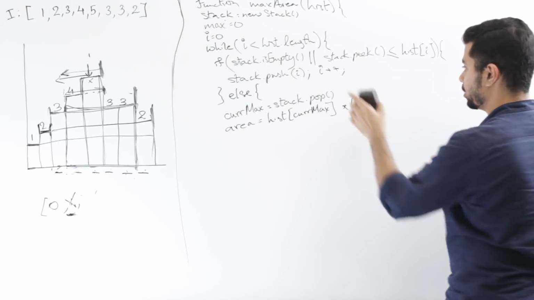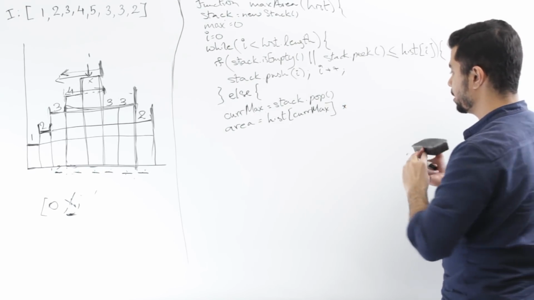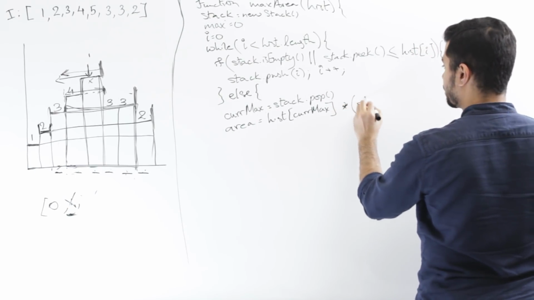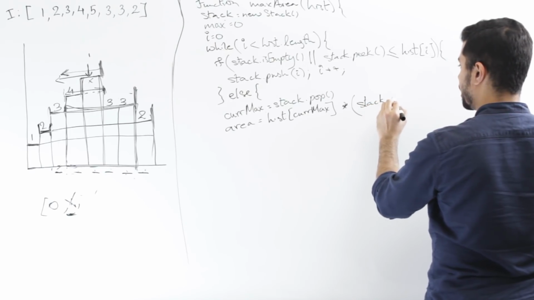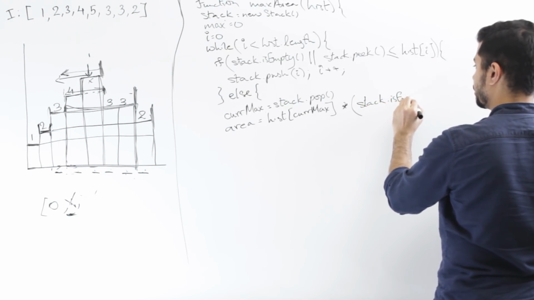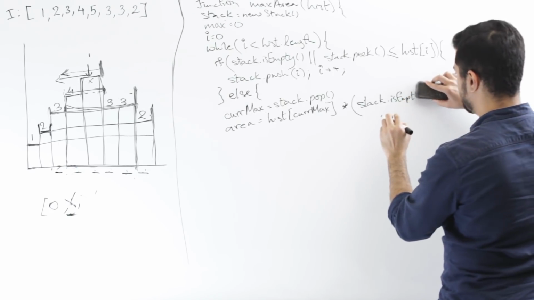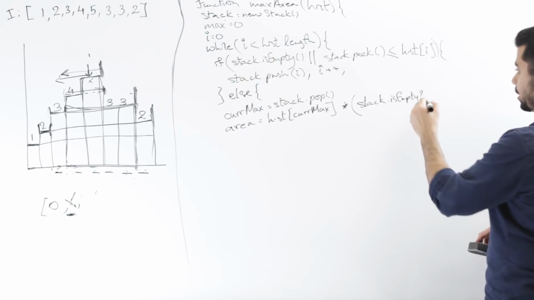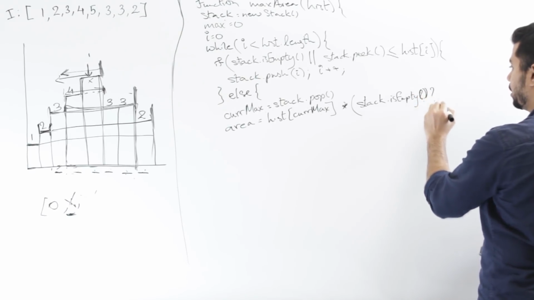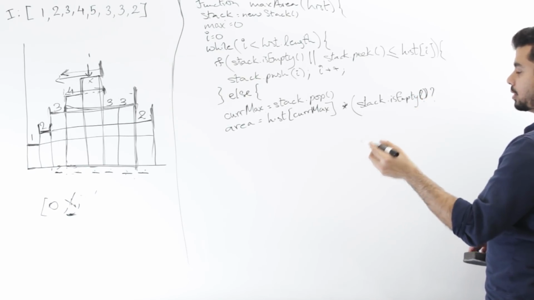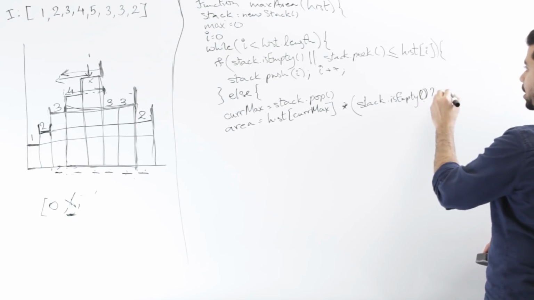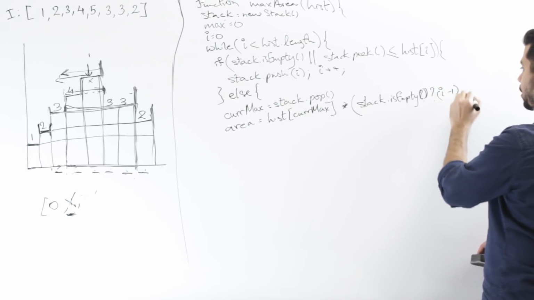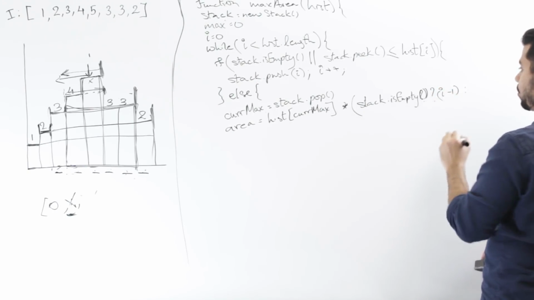So in this case, let me actually put that in. I would say times stack dot is empty. If stack is empty, then we would say that it should be times I minus 1, because you want to go all the way.